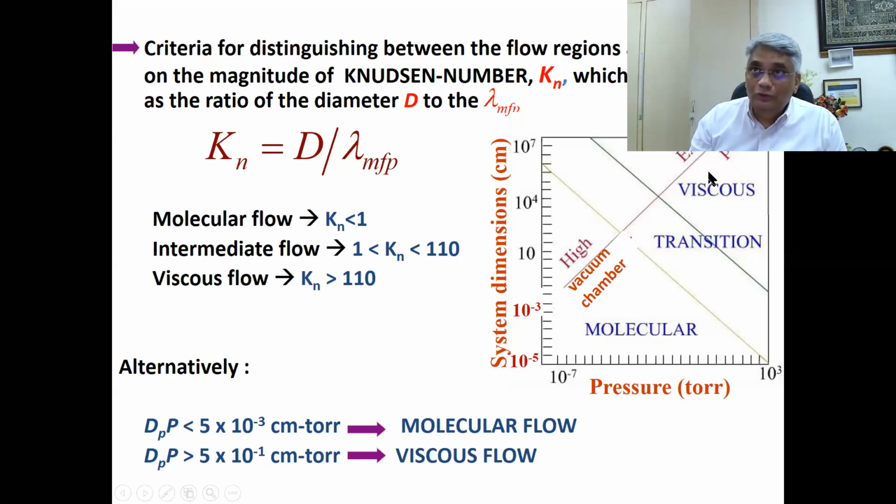So low pressure here and high pressure there, because you're removing the gas molecules and conveying it to ambient. So just a quick look at this shows that these are the dimensions. Of course, 10 raised to -5, -3 centimeters are impractical, but then you may also be thinking of very small orifices or tubes through which gas flow happens, okay? All the way to 10 raised to 4 to 10 raised to 7 centimeters of system dimensions, okay?